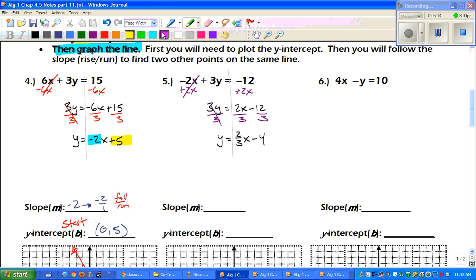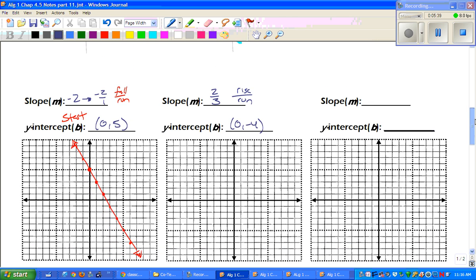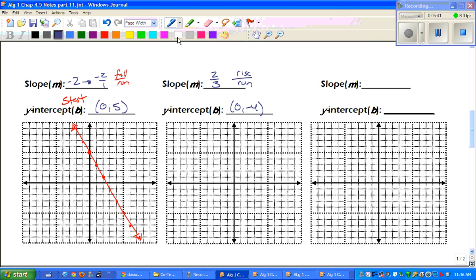Hopefully you guys were. So, slope and the y-intercept. The slope for that is 2/3, and that's going to be rise over run because it's positive, and the y-intercept is 0, -4. All right, so we're doing the same thing.